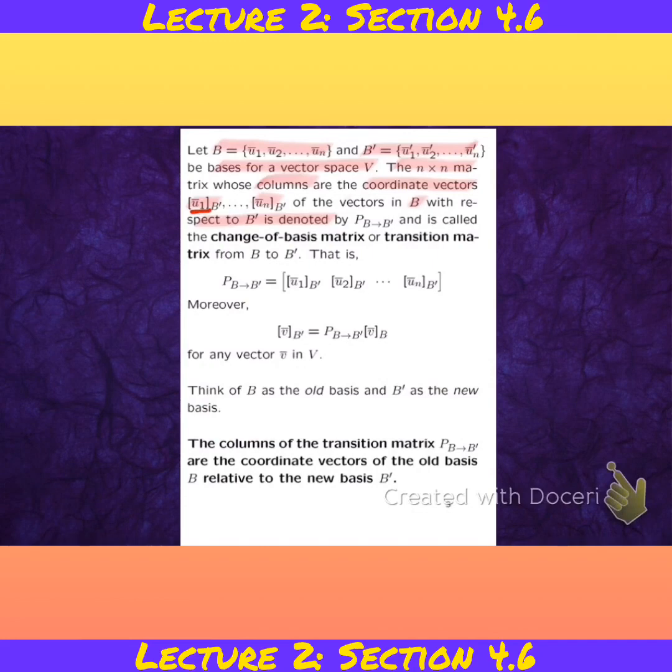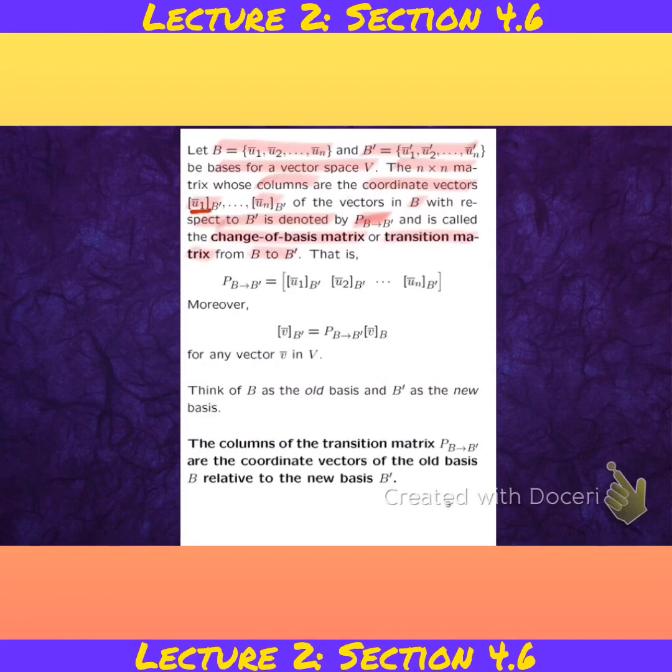Now the matrix formed in that way is called P subscript B to B prime. Okay, and that's the transition or the change of basis matrix. And the change of basis, remember, we want to move from the basis B to the basis B prime.